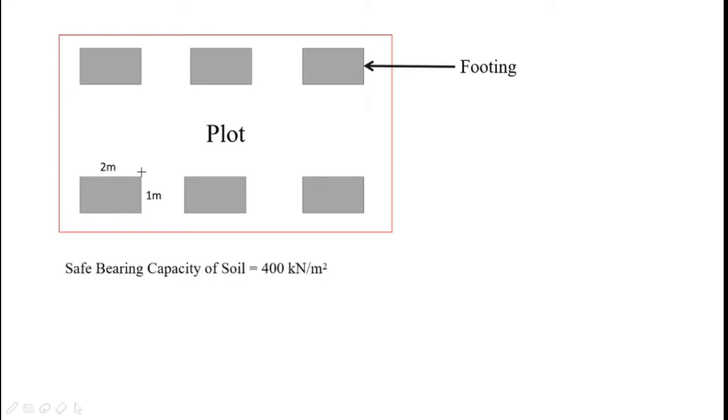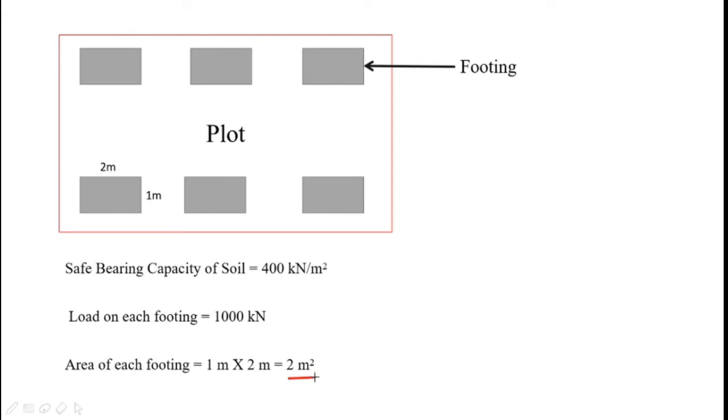Let's say the soil has a safe bearing capacity of 400 kilonewton per meter square. There are 6 different footings, and each footing carries a load of 1000 kilonewton. The area of each footing will be 2 by 1, that is 2 meter square.